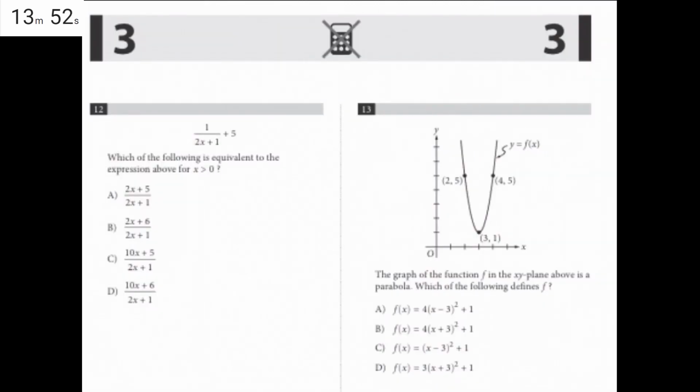12. Which of the following is equivalent to the expression above for x greater than 0, or when x is positive?